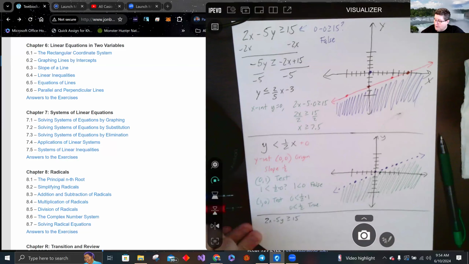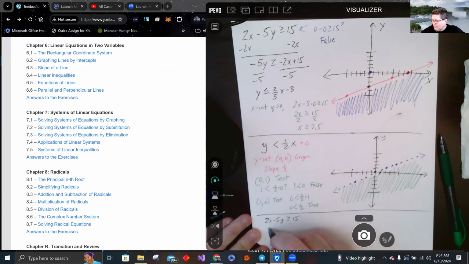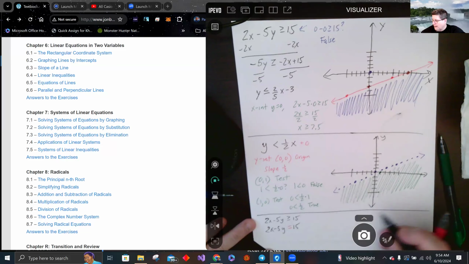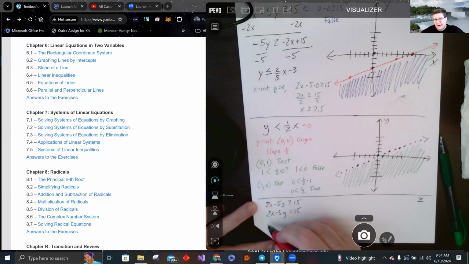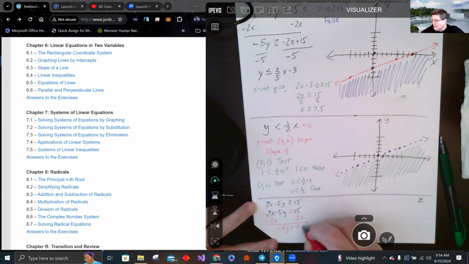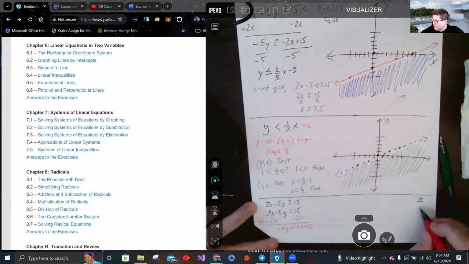I'm going to temporarily replace that with an equal sign, and I'm going to track over here what the symbol is. So now I can do the minus 2x. So that was step A, and I'm still greater than or equal to for step A.